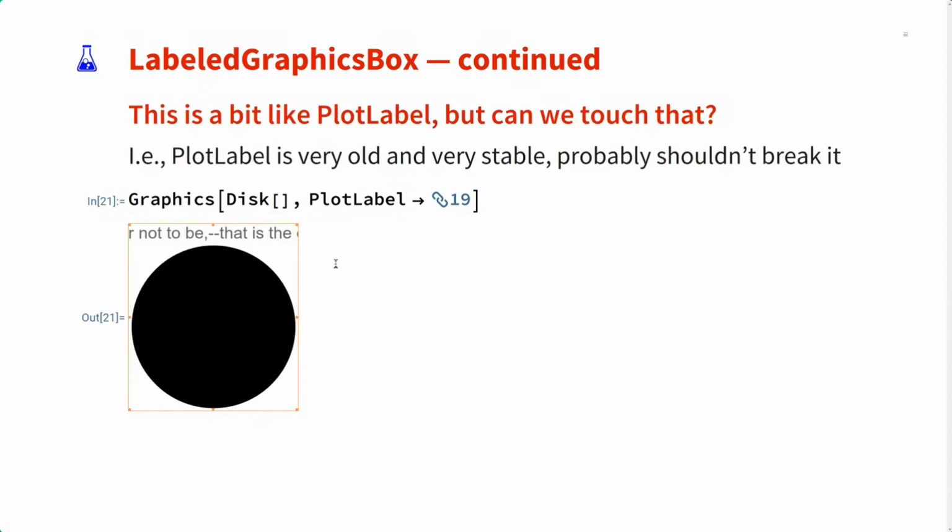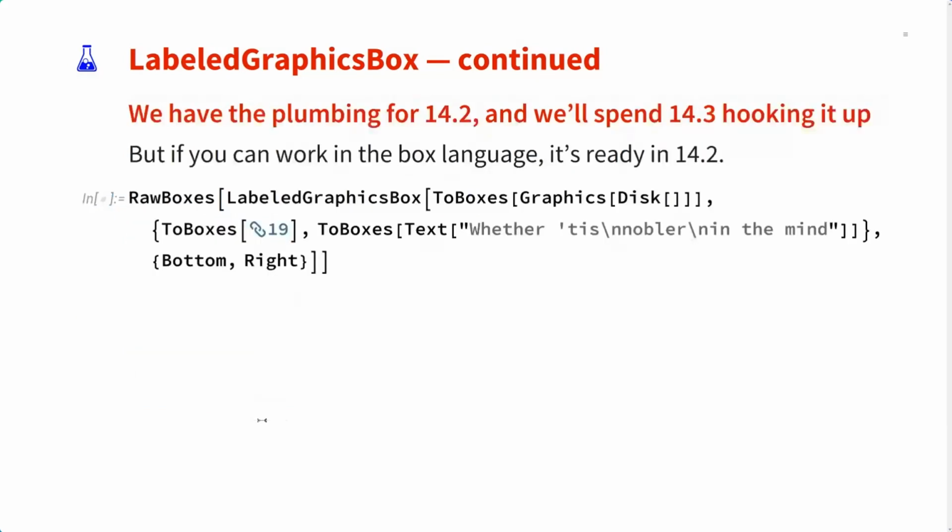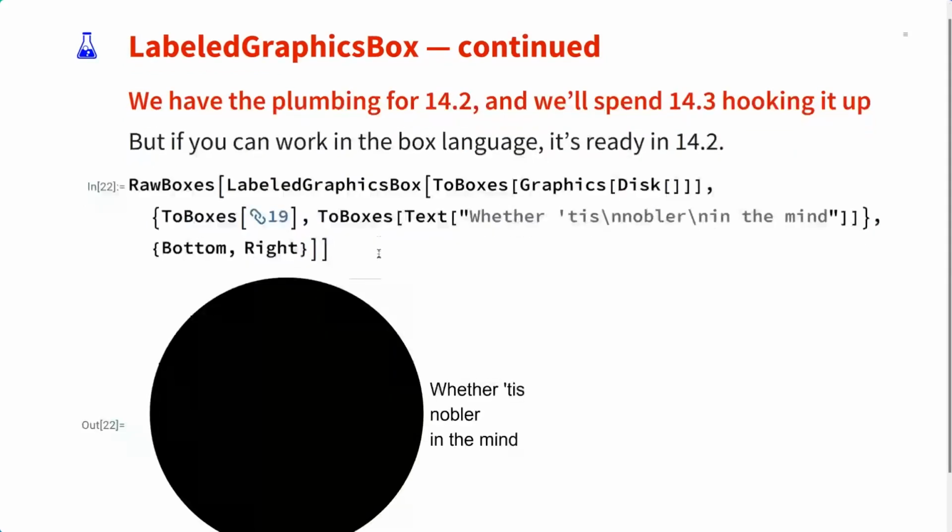There are a lot of behaviors that people have relied on for many years, and also PlotLabel is always at the top. So what do we do about that? So this is the idea. Sorry, this code is a bit of a dog's breakfast, but this is what happens when you're dealing with boxes. And so here we go.